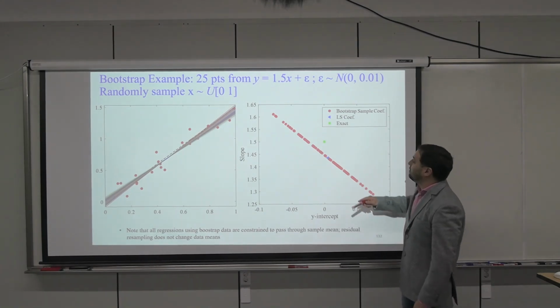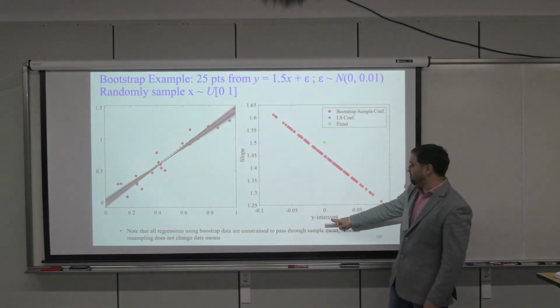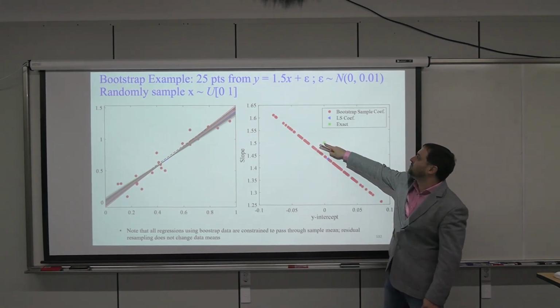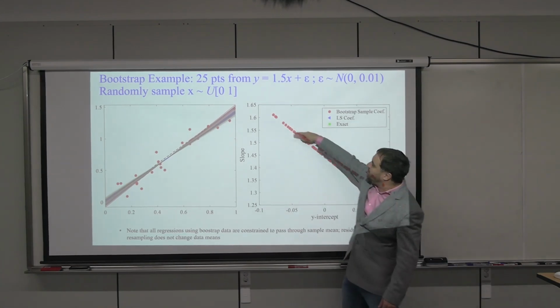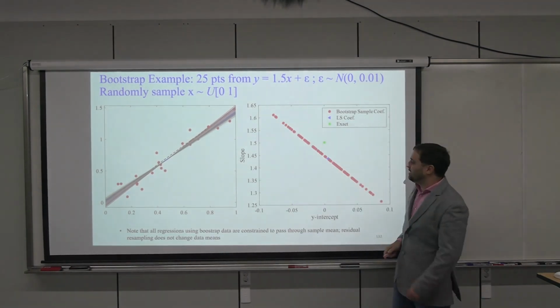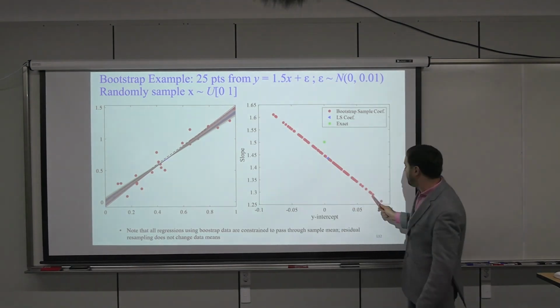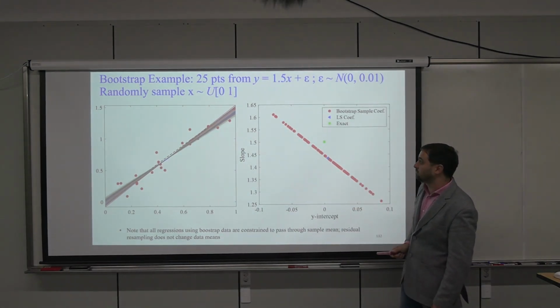And then here's the actual plot. This is the slope beta 1 and the y-intercept beta 0. And this green square is the exact 1.5 and 0. And so you see, you do get this spread of slope values from about 1.65 down to about 1.25 based on your bootstrap samples.